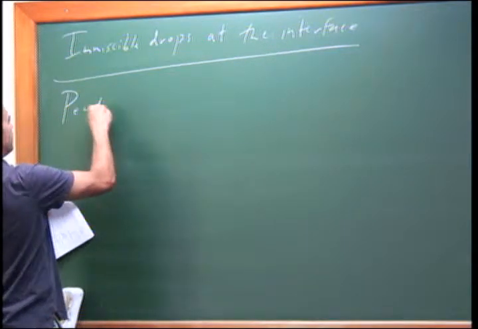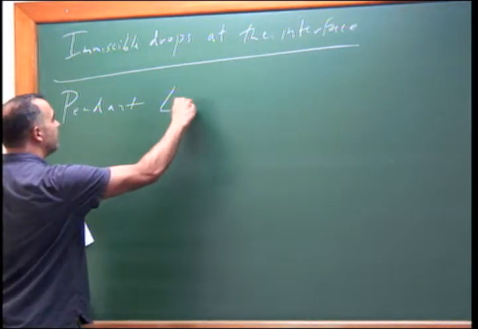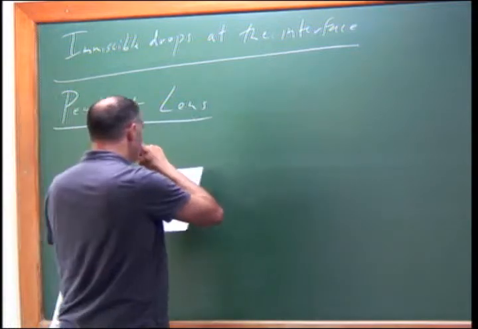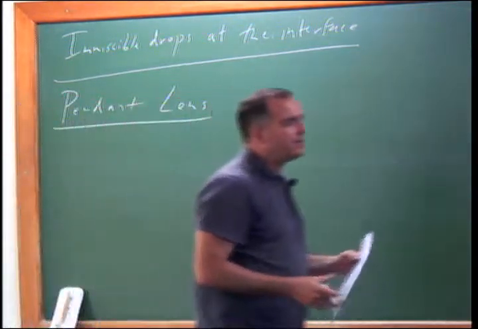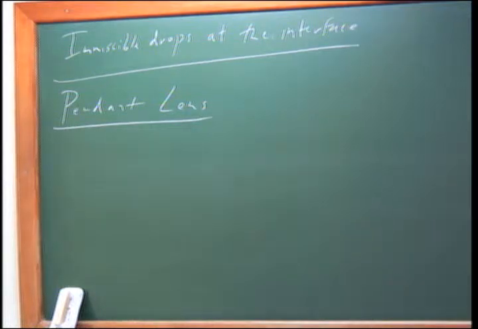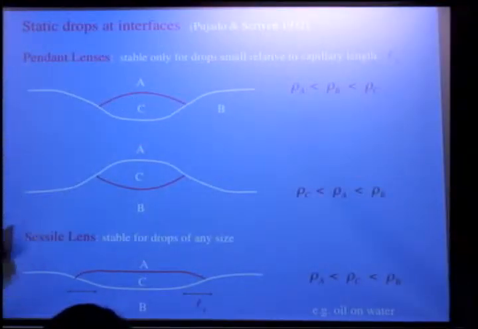Okay, so first we have a pendant lens. So the configuration is going to depend on the three densities in the system.